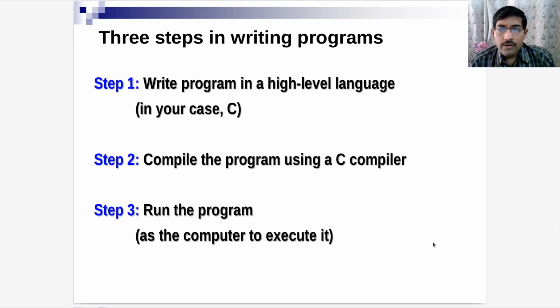Now, since we have gradually moved into our course topic, that is how to write programs and how to conceptually think about solving problems using programs, we start with how to write programs. Very broadly, 3 steps, as I mentioned: write a program and save it. If you remember, it gets saved into your hard disk, the secondary memory.